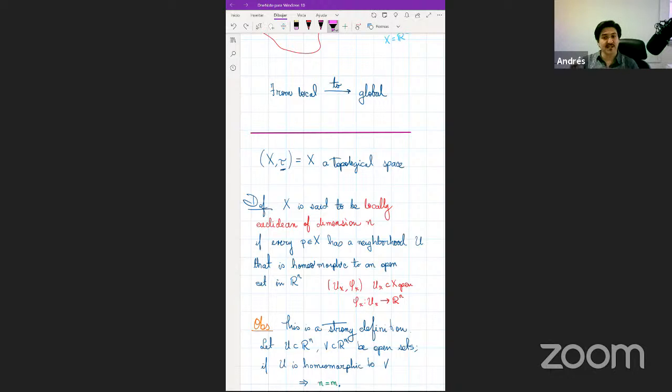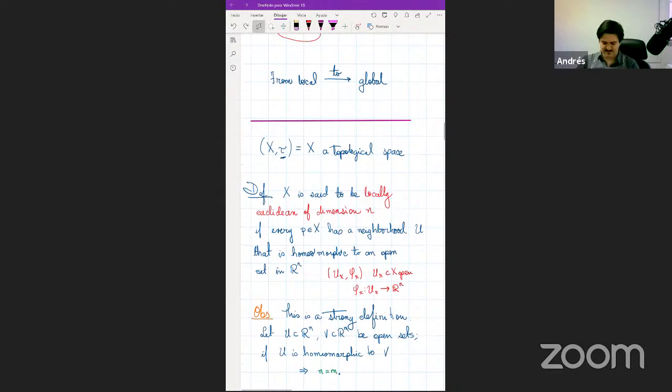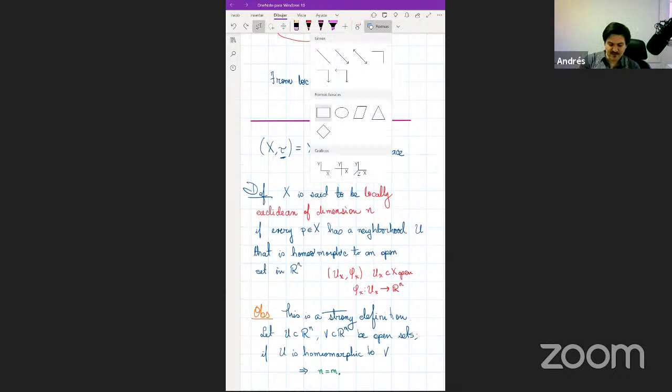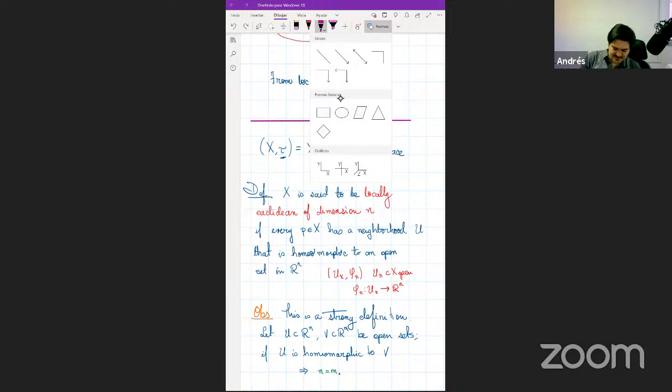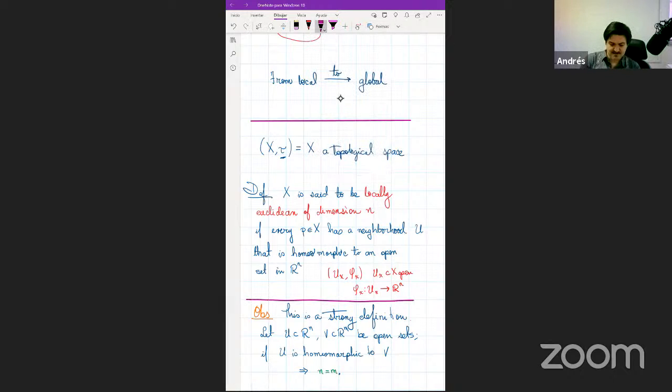If you have two open sets in different Euclidean spaces, Rn and Rm, and they are homeomorphic, then n and m have to be the same. Okay? So this is a very nice statement. It requires some knowledge to prove this.